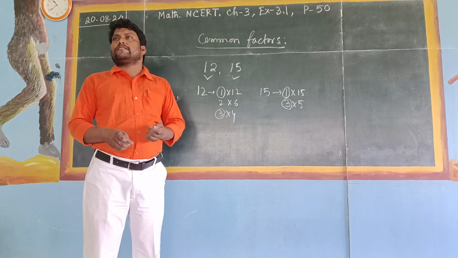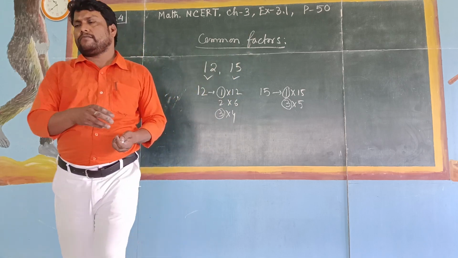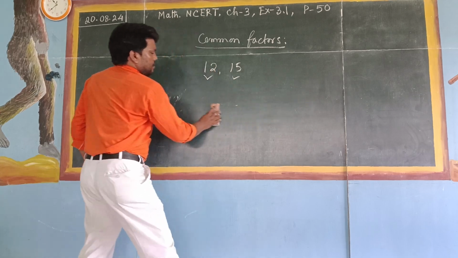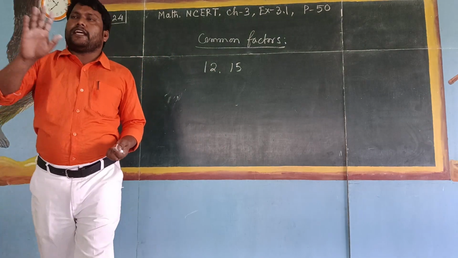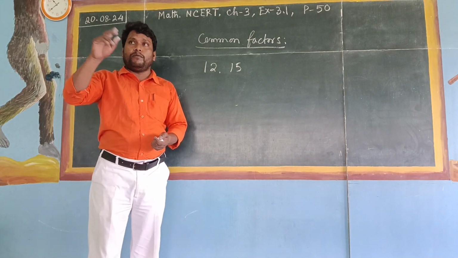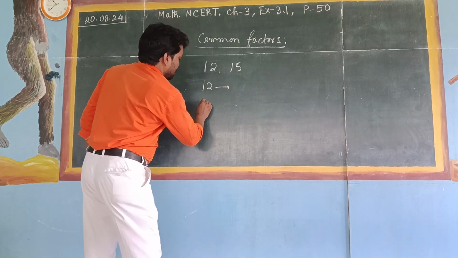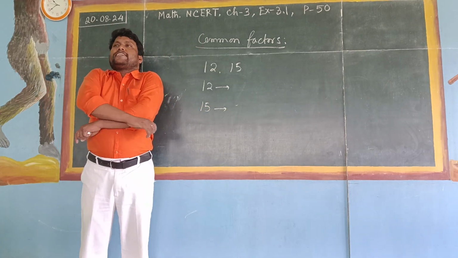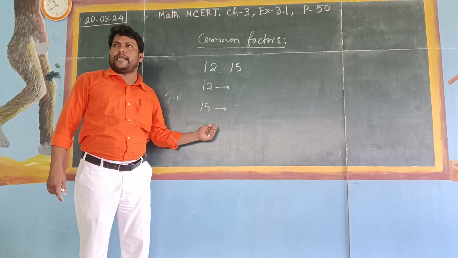Also, common multiples. At first you will find the multiples of two numbers. Suppose I give another example, then you will understand. Suppose the numbers 12 and 15. There are two processes to find the common multiple. Number one, we generally do not use in case of common multiples. We first find the LCM.